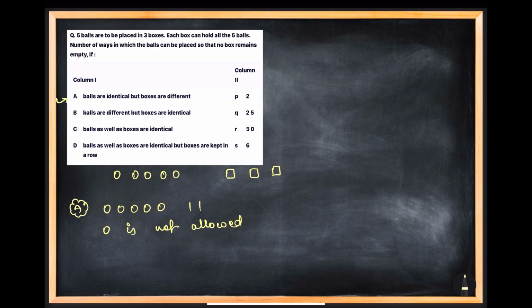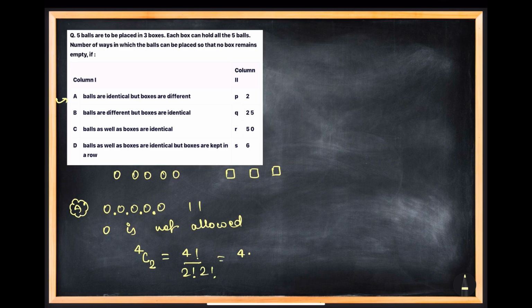Okay, so how will we manage things? You can place your sticks over here, over here, over here, and over here. So there are 4 places available for sticks. So it is 4C2. Now simplify: 4 factorial upon 2 factorial times 2 factorial.